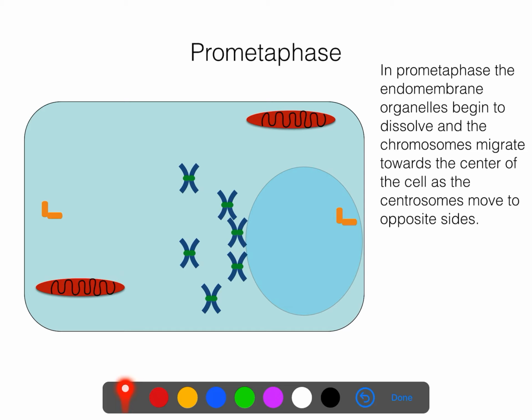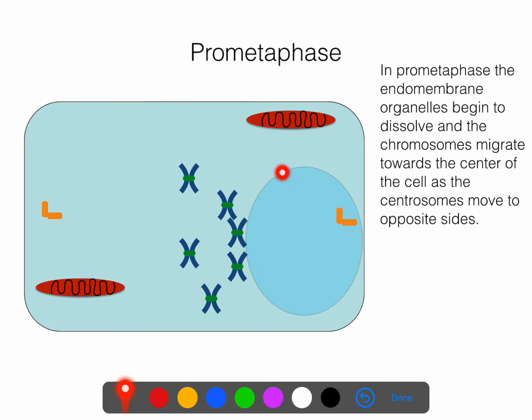During prometaphase, the internal membrane-bound organelles are all disassembled. All of their components are packed away very neatly and organized so that they can be reconstituted later. You can see that the endoplasmic reticulum and the Golgi have both been disassembled and put away.